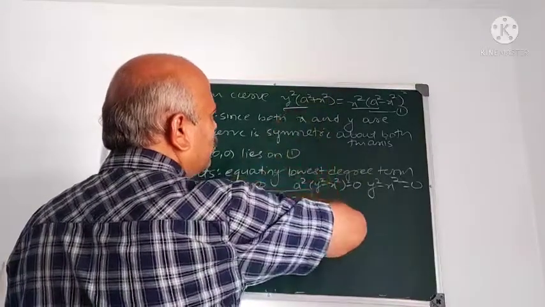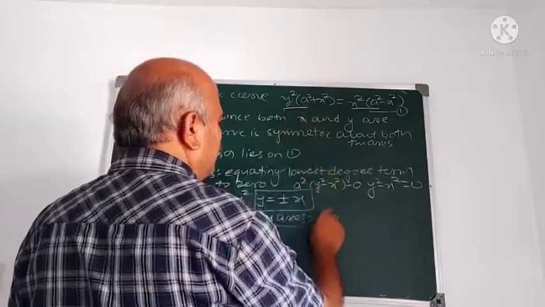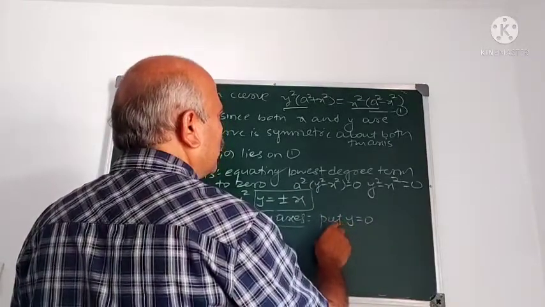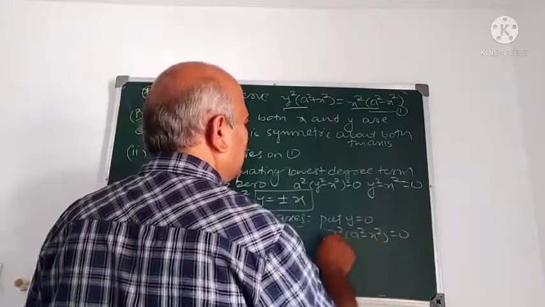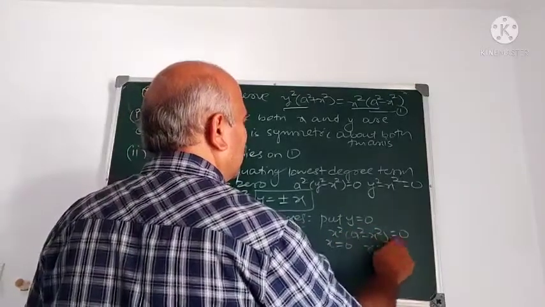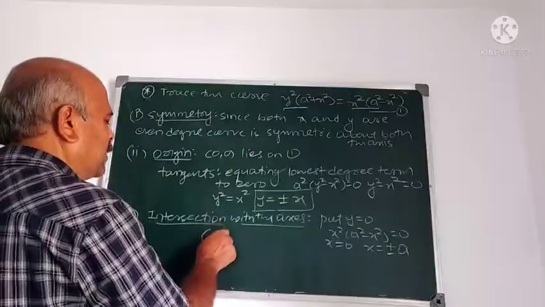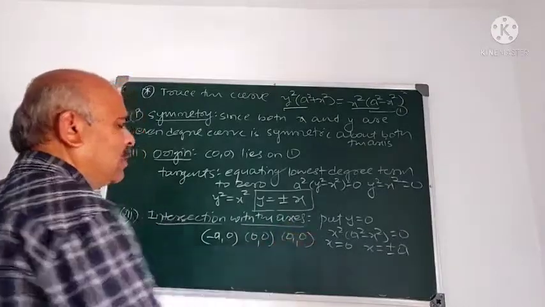Take y is equal to 0. What do you get? Put y is 0. You will get x square into a square minus x square is 0. x is 0, x is plus or minus a. Therefore, minus a, 0 and a, 0 lie on the curve.